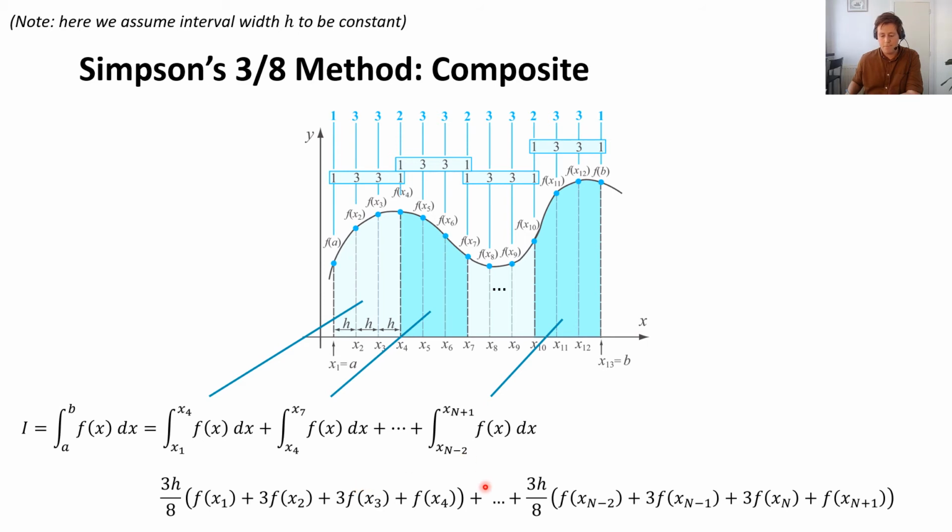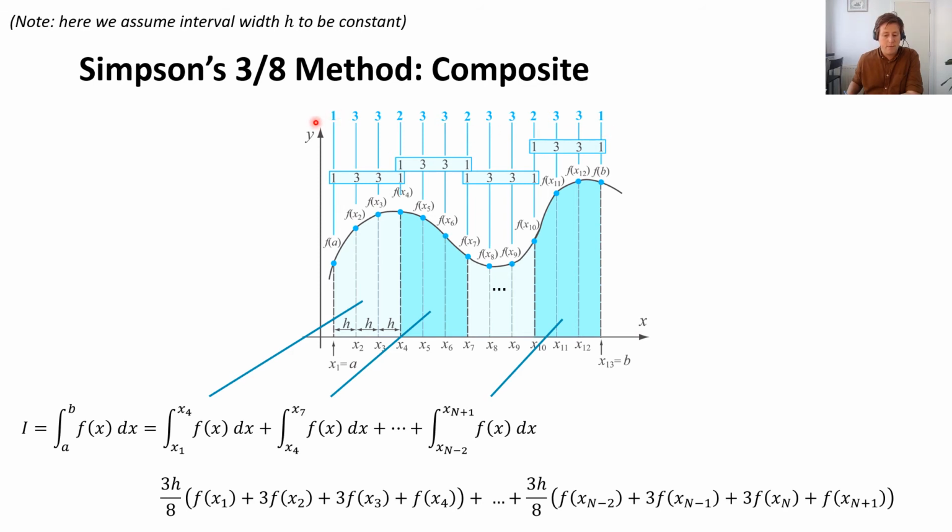And we do this simply again and again for each of the intervals. And similar to the composite Simpson's 1/3 method, we again count the contributions of each of these function evaluations between A and B, and we try to observe a pattern.